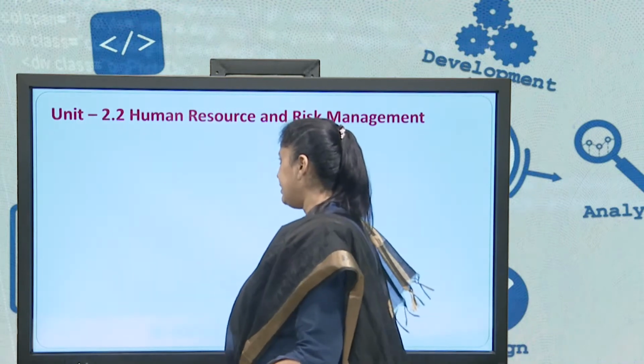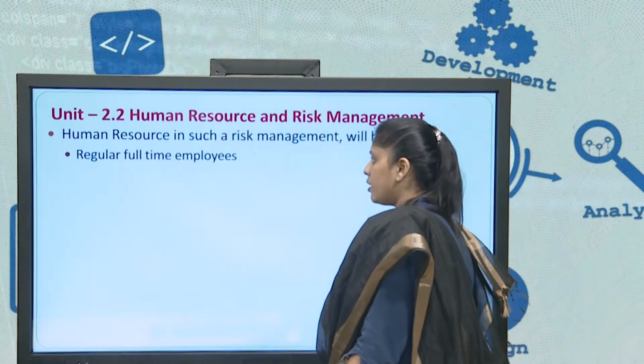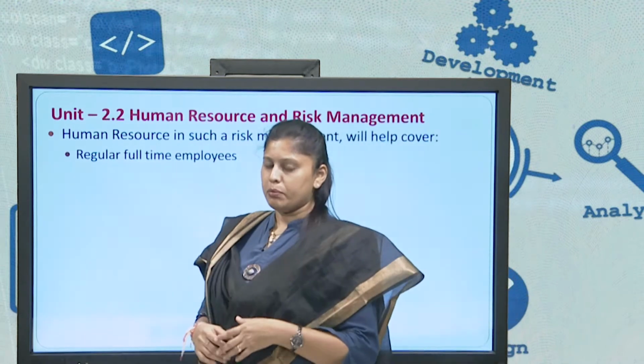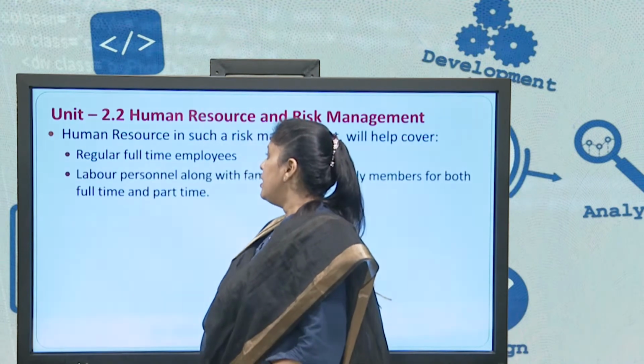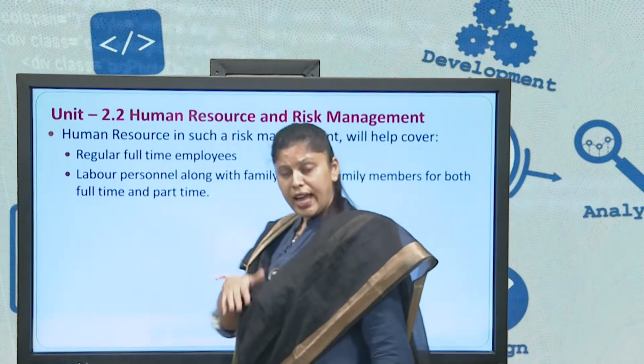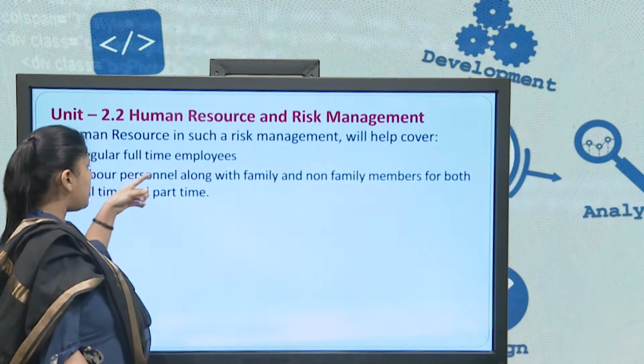It says: human resource in such risk management will help cover how many types of employees? Regular full-time employees, and labor personnel with and without their family, both full-time and part-time.